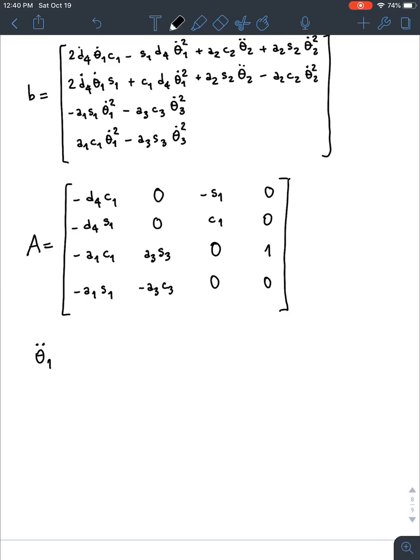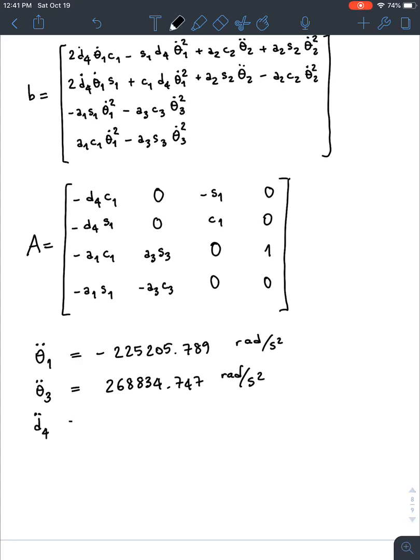Theta 1 double dot comes out to be equal to minus 225,205.789 radians per second squared. Theta 3 double dot turns out to be equal to 268,839.49747 radians per second squared.